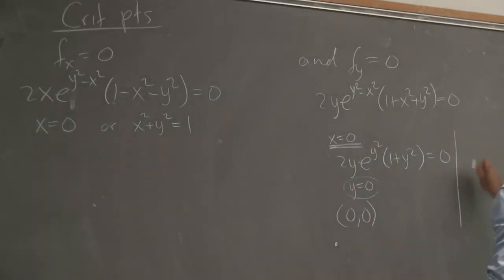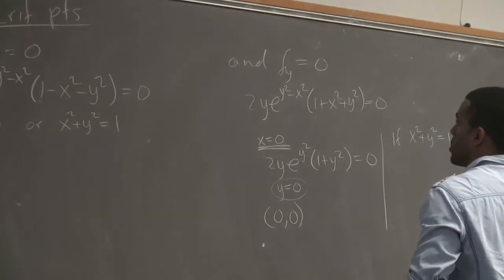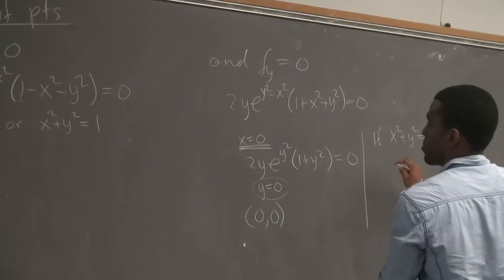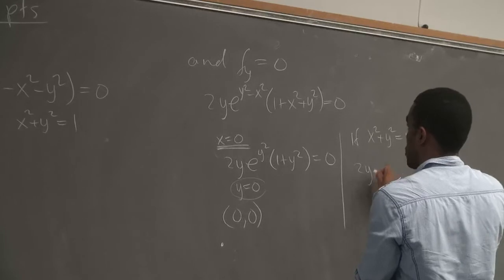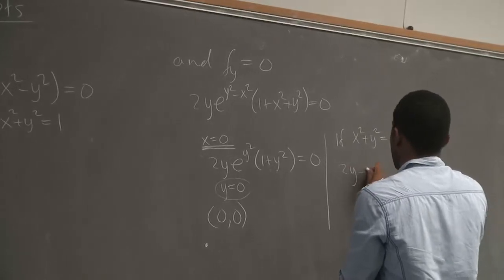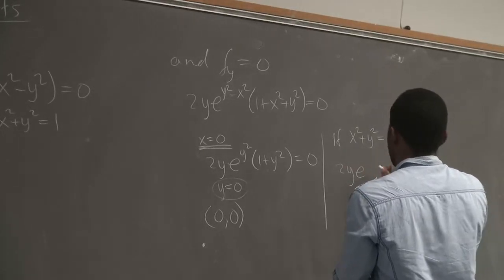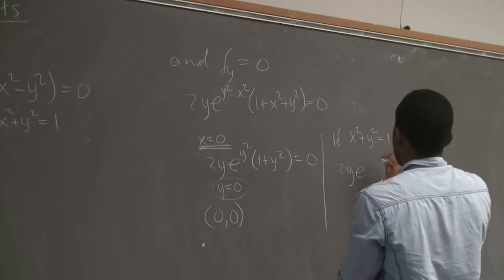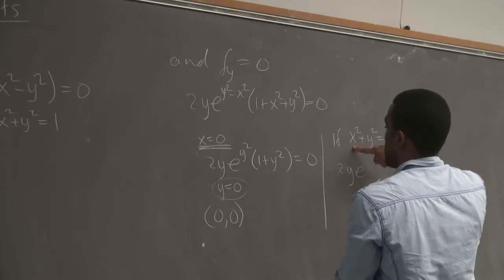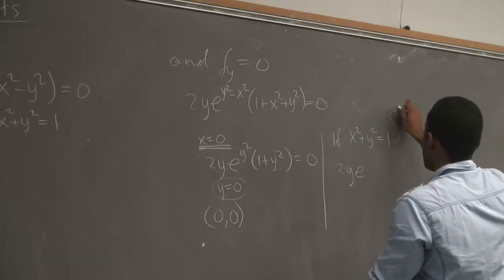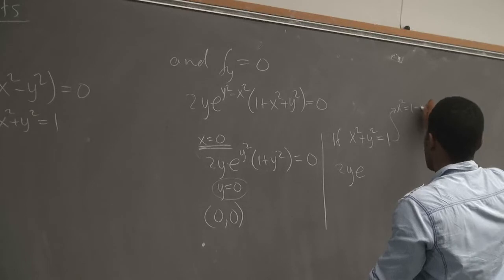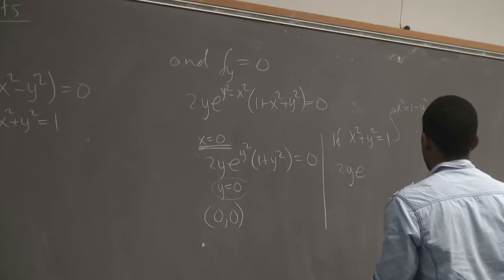And if x² + y² equals 1, then I get 2y e. So this would mean that I can replace x squared with, well, x² equals 1 − y², right?